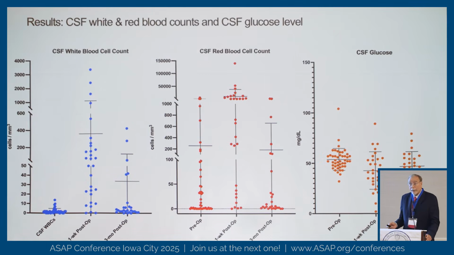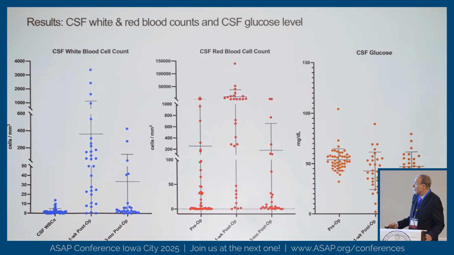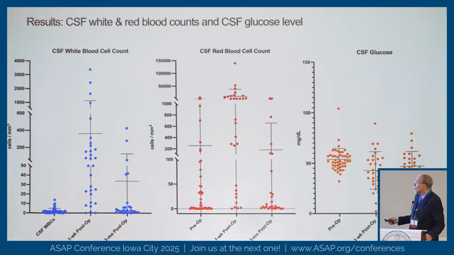So then we looked at the spinal fluid, as I said, from before surgery, both the white blood cells and the red blood cells, as well as the glucose, which is a sugar, the Donald Trump cane sugar versus high fructose corn syrup type sugar, in the spinal fluid.